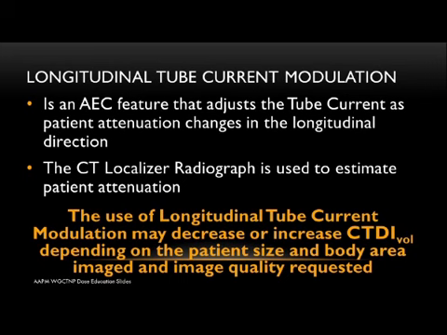The CT localizer radiograph is used to estimate the patient attenuation or size, and that information is used to adjust the tube current. And the use of longitudinal tube current modulation, for a particular patient, may increase or decrease the CTDI vol compared to not using it, depending on the patient size.